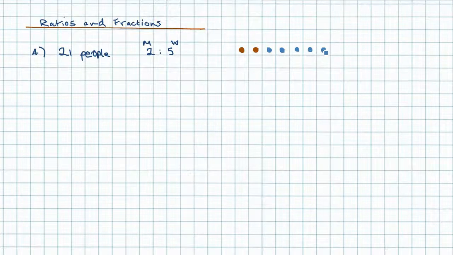So 2 of them are men and 5 of them are women. If there are 21 people in the room, well, the proportions are going to stay the same.